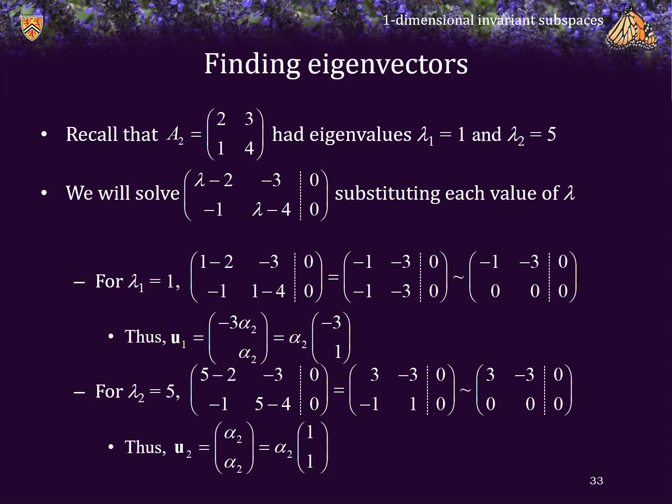Consequently, the eigenvectors with lambda equals 5 as an eigenvalue are all scalar multiples of the vector 1, 1. And once again, if we multiply the matrix A2 by the vector 1, 1, we do get the vector 5, 5, which is 5 times longer.